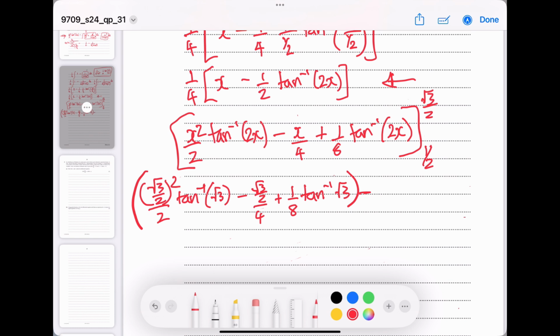Take away 1/2 squared over 2 tan to the minus 1 of 1 minus 1/2 over 4 minus 1/8 tan to the minus 1 of 1.